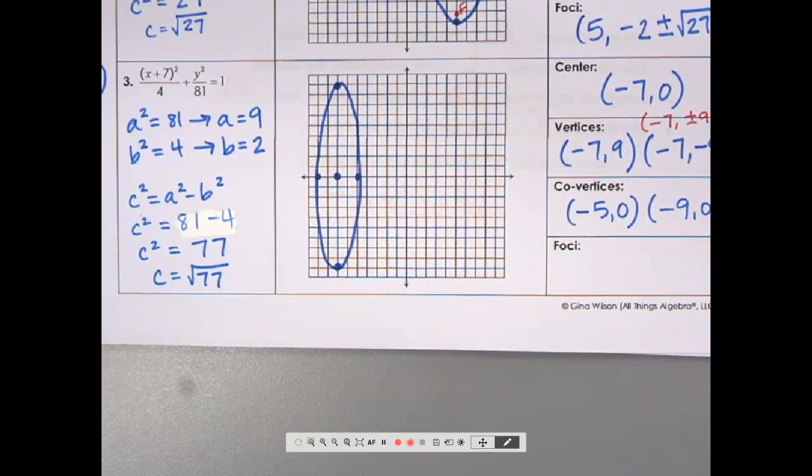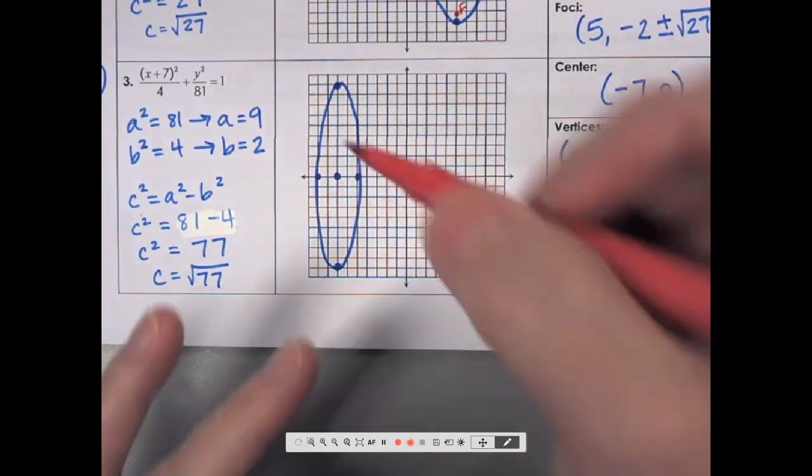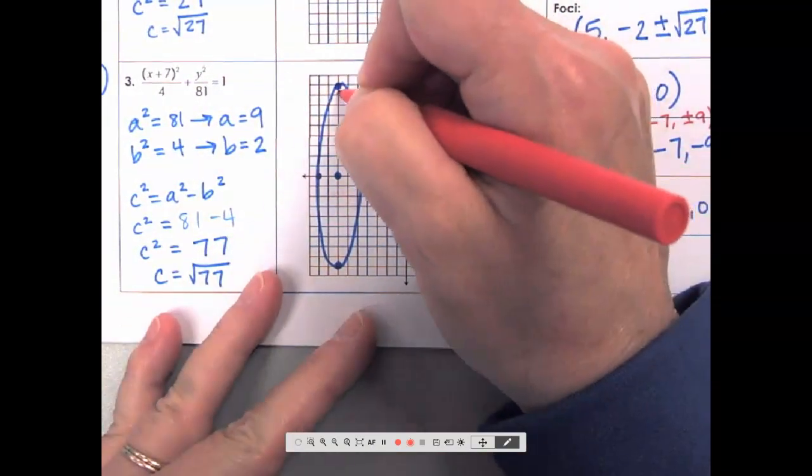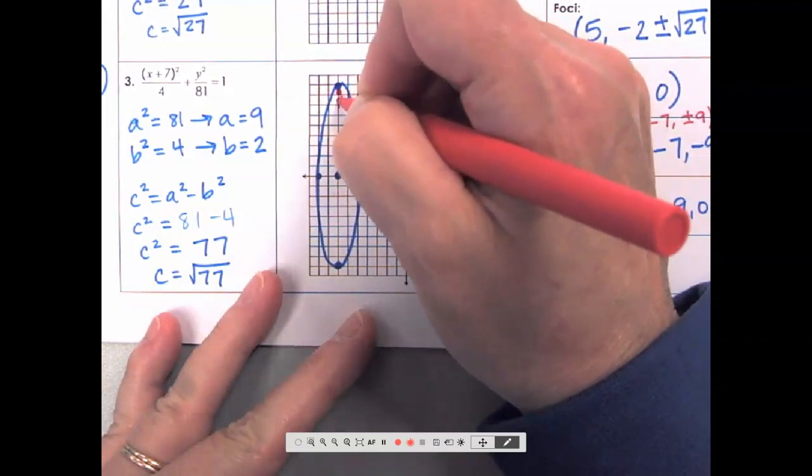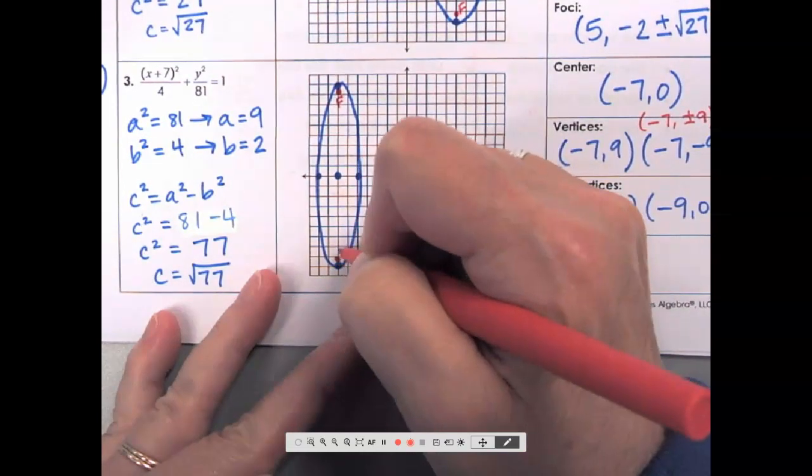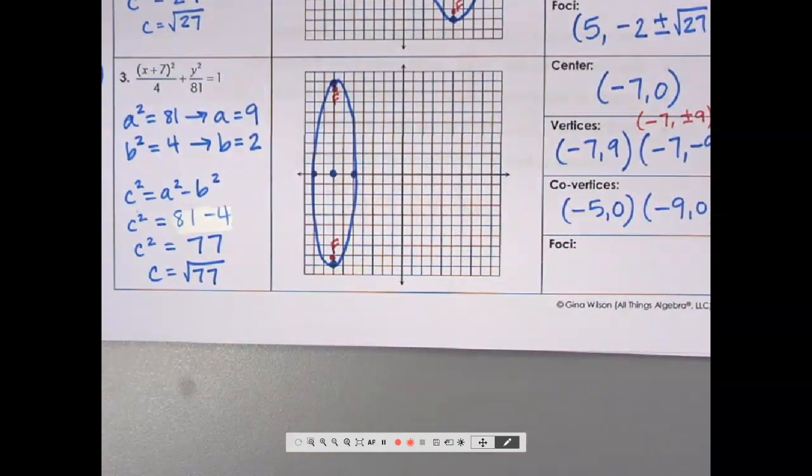Okay, are we okay with square root 77? How much is that? Almost 9. Okay, so between 8 and 9. So I'm going to go, it's going to be right up there. Real close to the vertices.